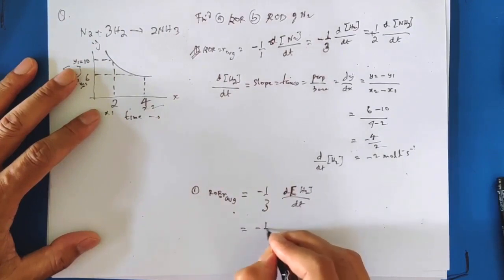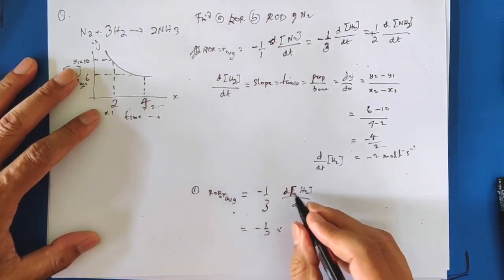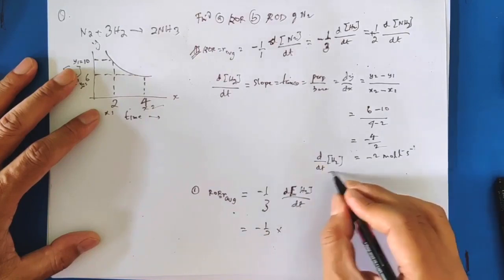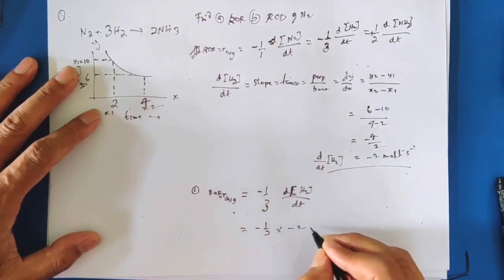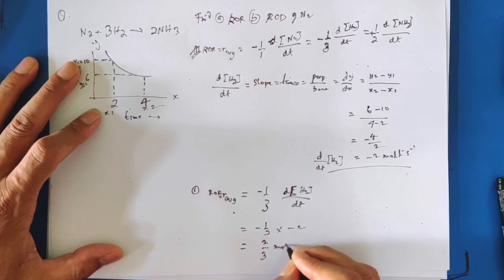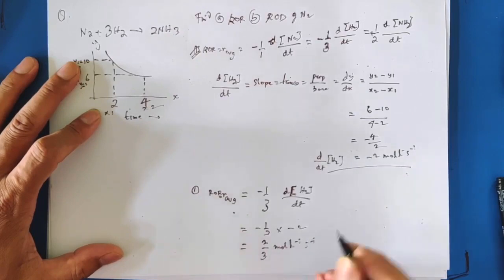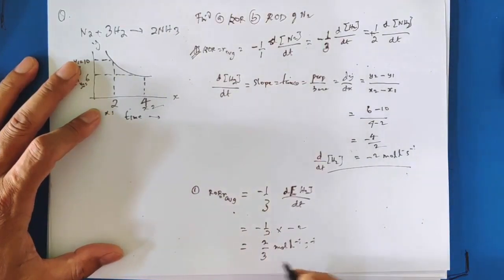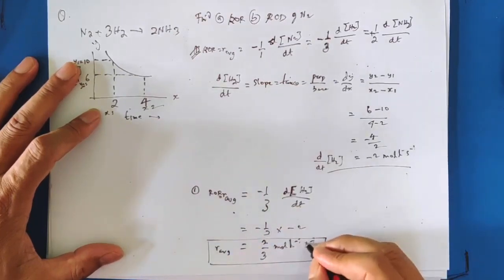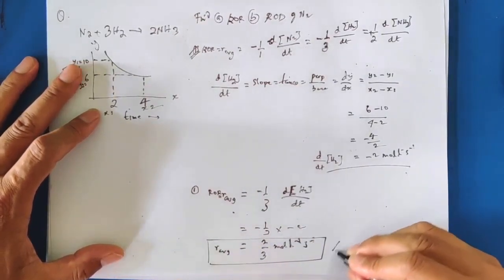We calculated d by dt of H2, which is minus 2 mole liter inverse second inverse, so minus into minus is plus. So the answer is 2 by 3 mole liter inverse second inverse. So your average rate of reaction is 2 by 3 mole liter inverse second inverse. This is how you calculate.